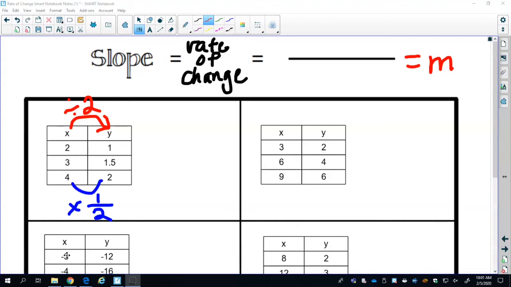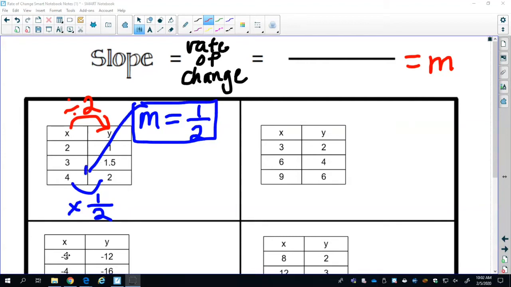So in this case, slope, which I'm going to use m, my slope is equal to what? What number did I multiply by? 1/2. That's my slope. It's simply the number that you multiply x by to get y. It's the change. It represents the change in the relationship in the table. That's the method we've been using.